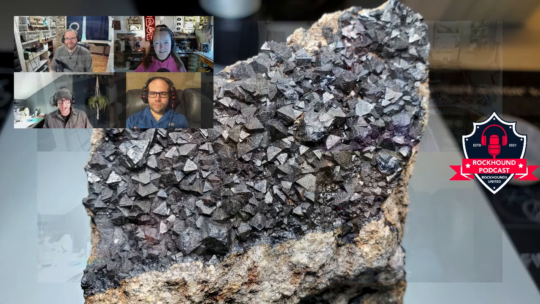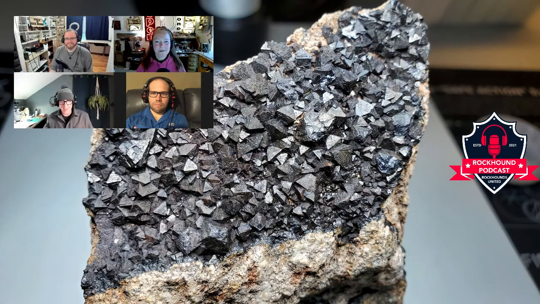Back in, I think, 1930, 1931, in Germany, they were grinding magnetite up and making audio tapes out of it. Like magnetic tape. It's both aesthetically pleasing when you have the crystals, because magnetite is usually just in a big mass.